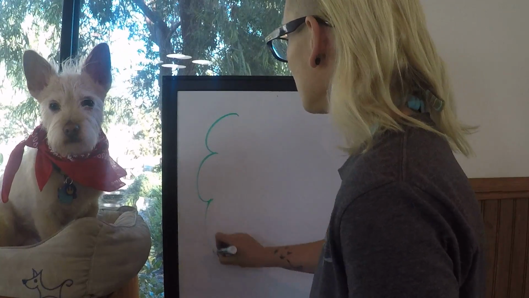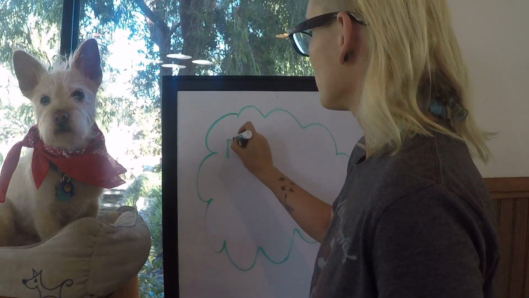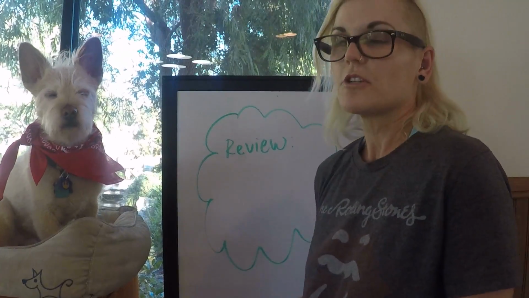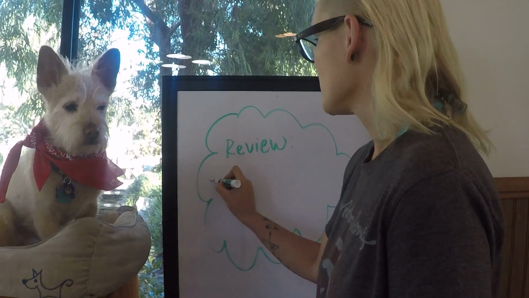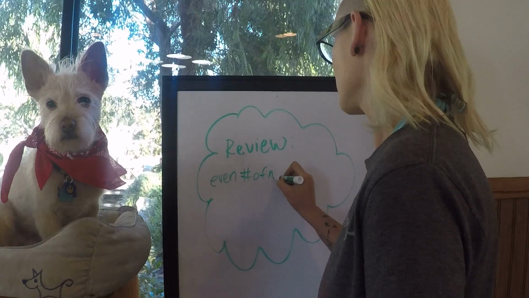So as a recap, if you also want to write this in your notes. So as a review, step 0, figure out the sign, but how do you know what the sign is? As a recap, even number of negatives.